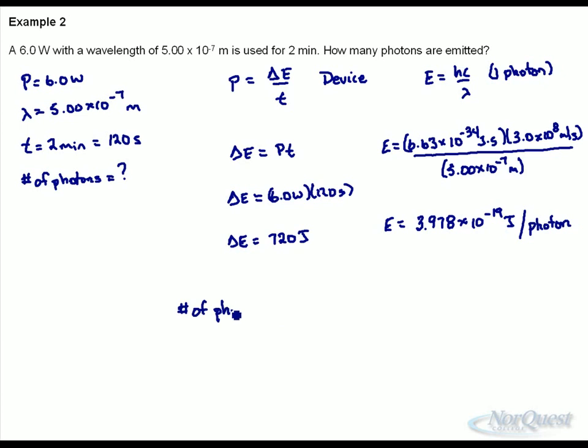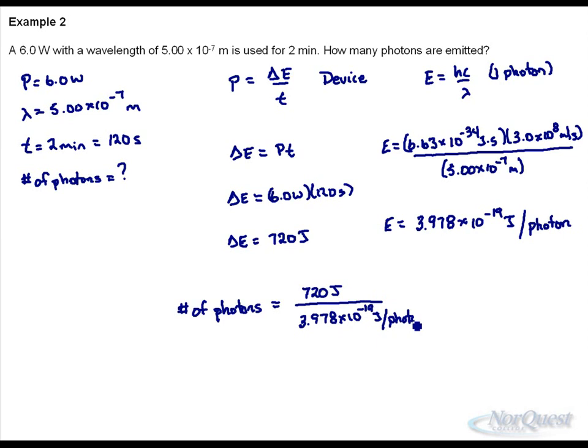Number of photons, this isn't on your formula sheet. It's going to be take your total energy, 720 joules, divided by the energy per photon, 3.978 times 10 to the negative 19 joules per photon.